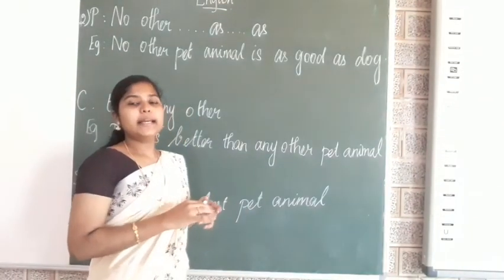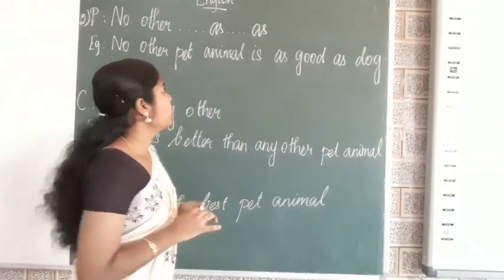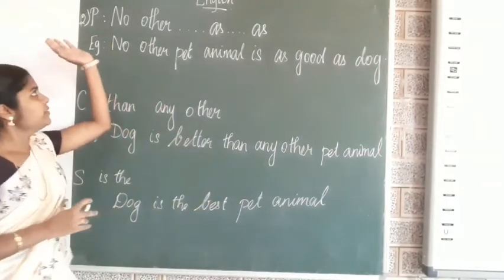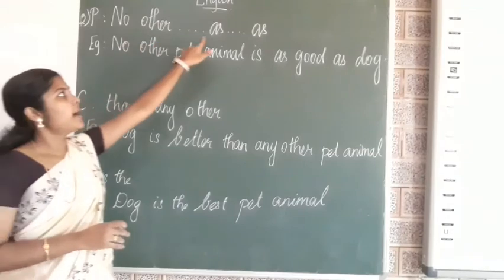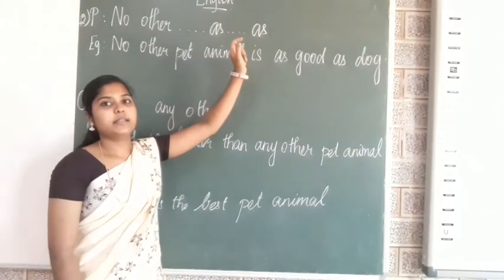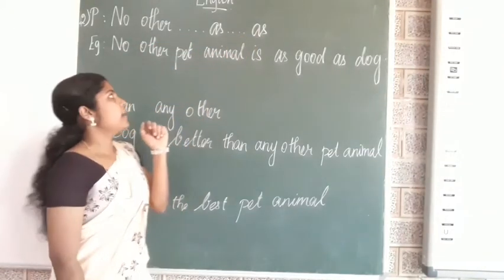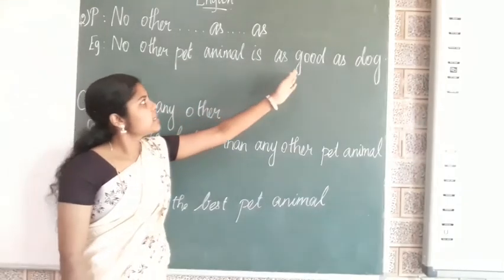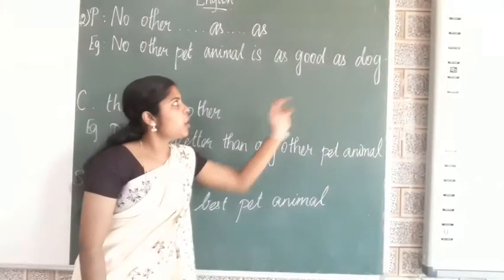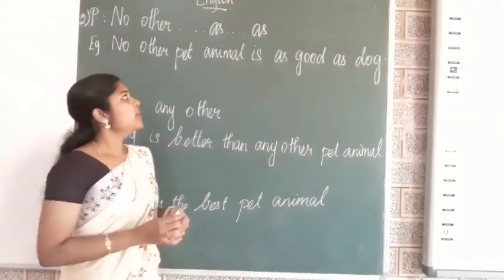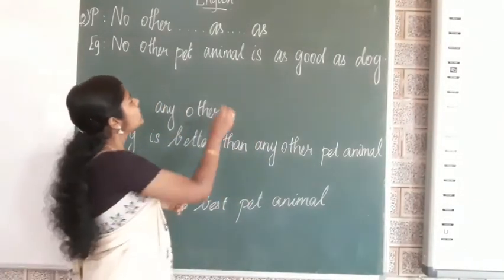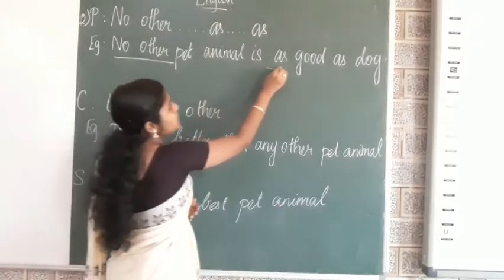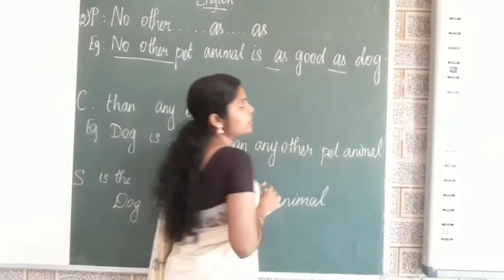Now let's learn the second rule. In positive, the sentence will be no other as. Now look at this example. No other pet animal is as good as dog.